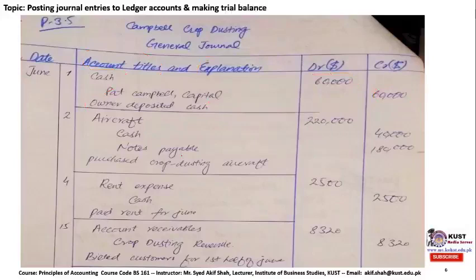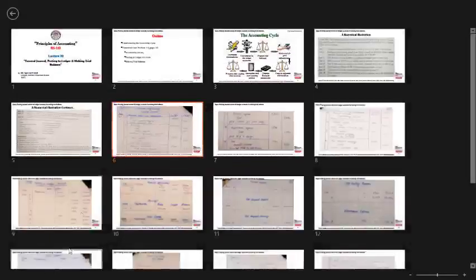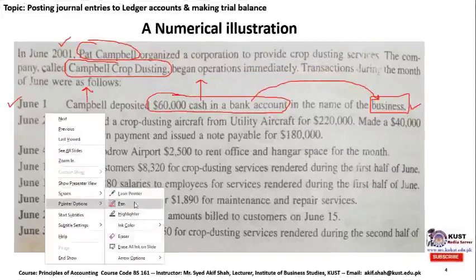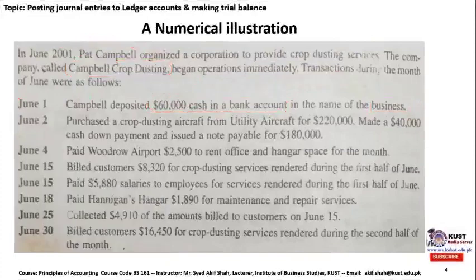Let's go back to the 2nd of June entry and see what the examiner is requiring us to do. Let me read out the entry first and then figure out the relevant account titles in it. June 2nd. Purchased a crop dusting aircraft after depositing $60,000.